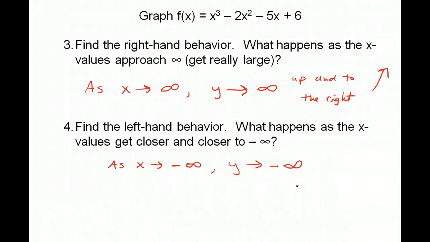So it's going to go down and to the left. Which means the left-hand behavior is going to look like this. Alright, so the last thing we need to do is get a few points so that we see what our picture is going to look like.